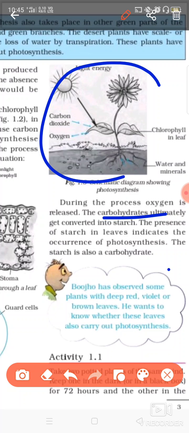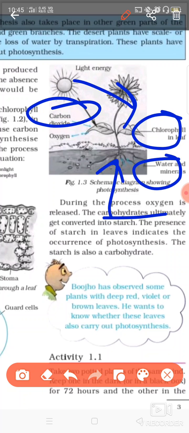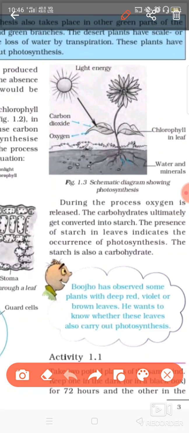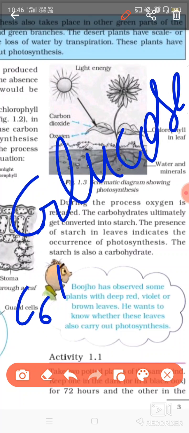You can see here that carbon dioxide is coming from the air, and chlorophyll which is present inside the leaf absorbs the sunlight. Water and minerals are absorbed by the roots, and these things are converted by the chlorophyll into glucose. Glucose is a kind of carbohydrate. The formula is C6H12O6.